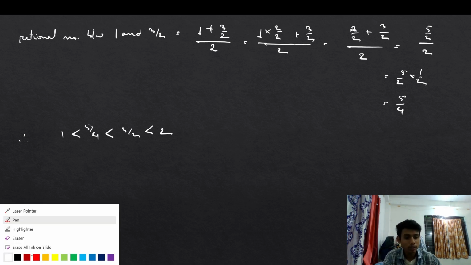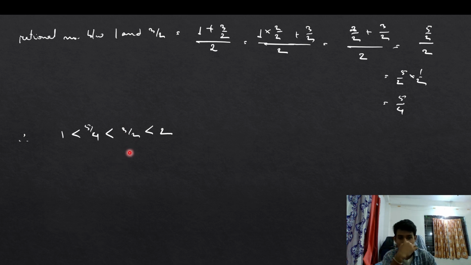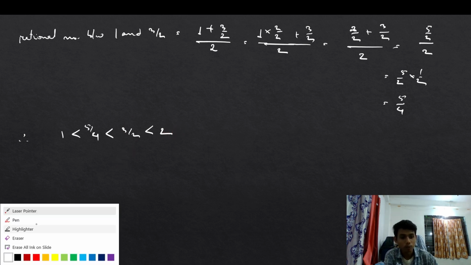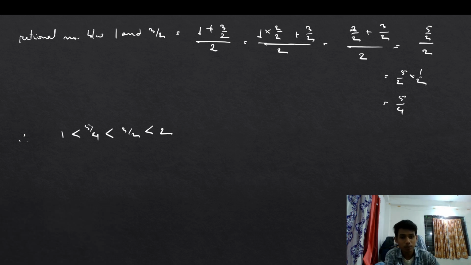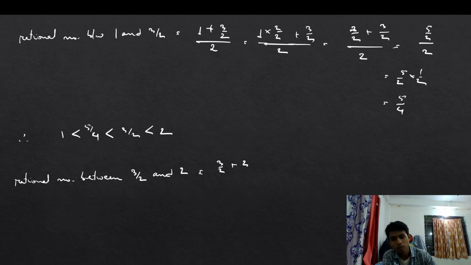Now we'll consider 3 by 2 as the first number and 2 as the second number, and we'll find the rational number between 3 by 2 and 2. It will be equal to 3 by 2 plus 2, whole divided by 2.